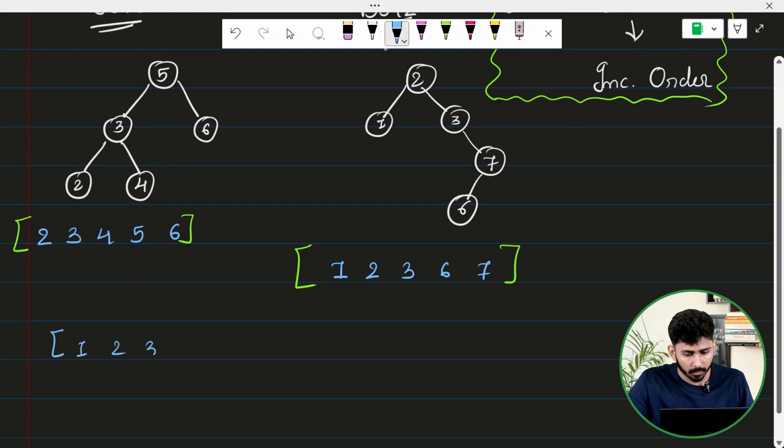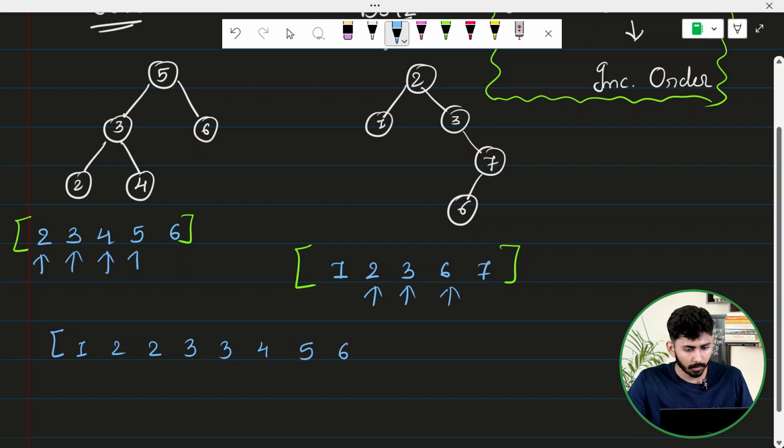1, 2, 3, 4. So here we have two appearances of 2, and then two appearances of 3, and then 4, 5, and 6, and we have 6 twice, and then we have 7.